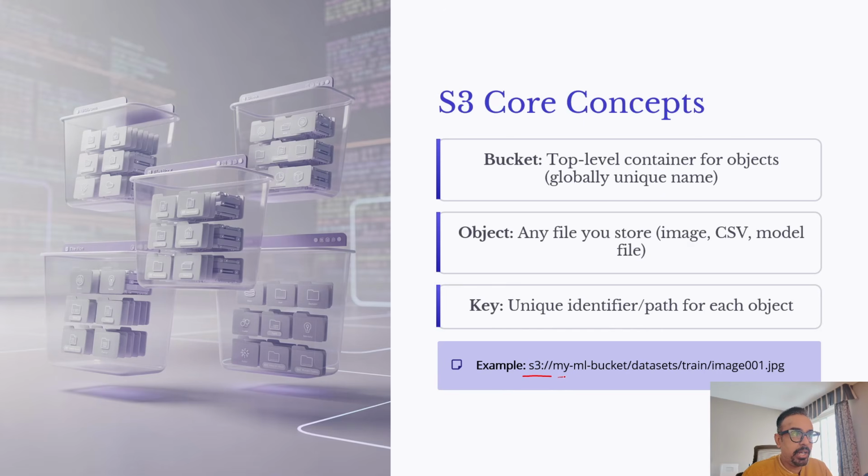Then my-ml-bucket is the bucket name, then dataset, then train is the path in which we have our file, and inside this train folder you can have multiple JPGs. Right now it is just pointing to one, but it can have multiple.